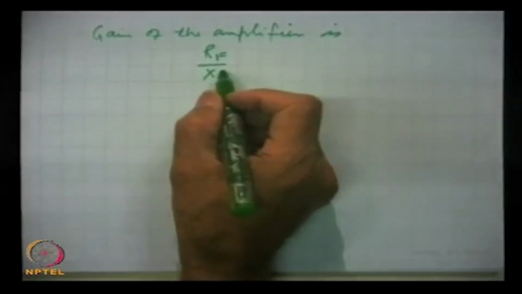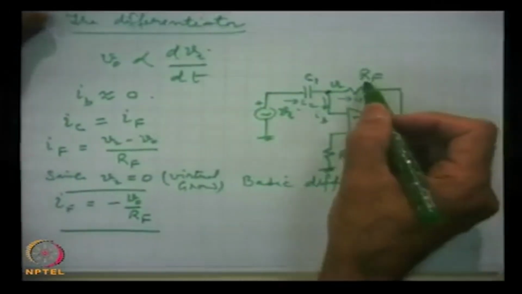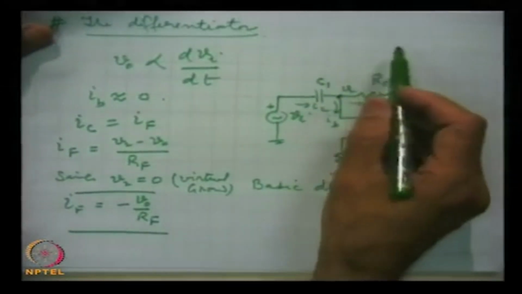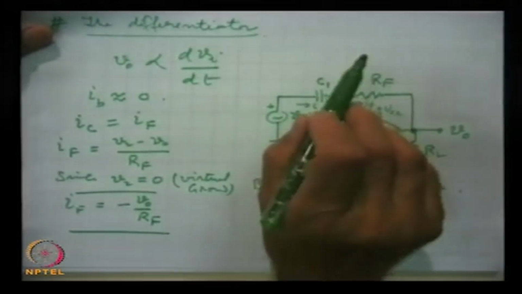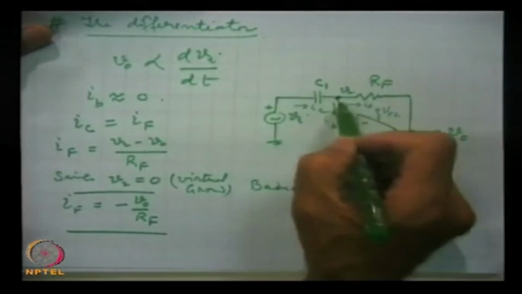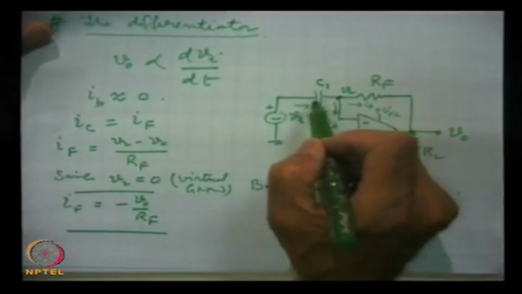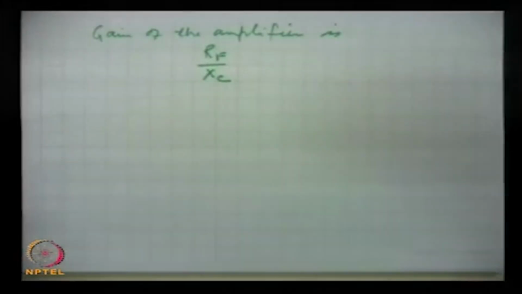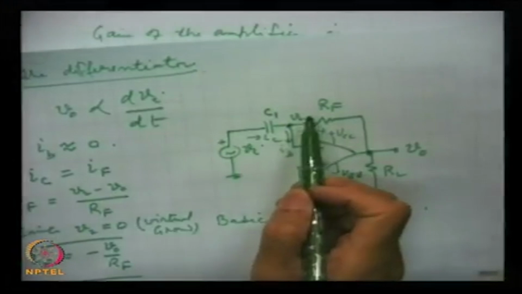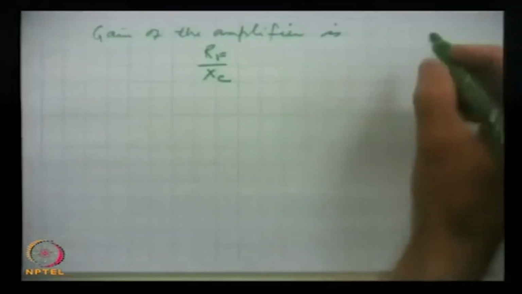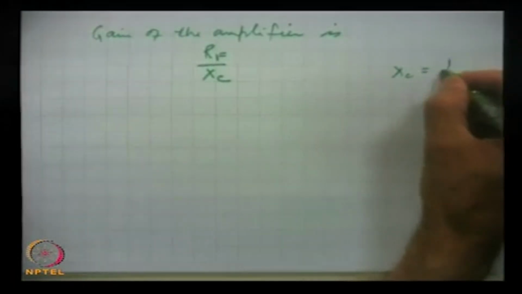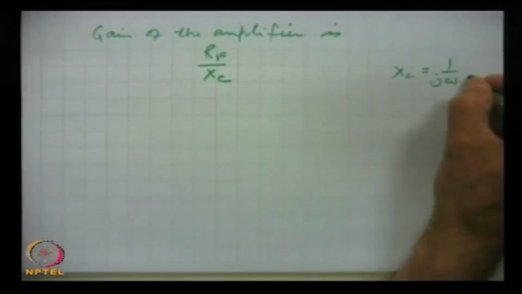XC, where X is the reactance. For the inverting amplifier the gain used to be RF by R1, where R1 was the resistance here. Now here it is a capacitance, so the resistance will be replaced by the reactance, and this reactance will go low very fast at higher frequencies, because Xc is 1 by j omega c.